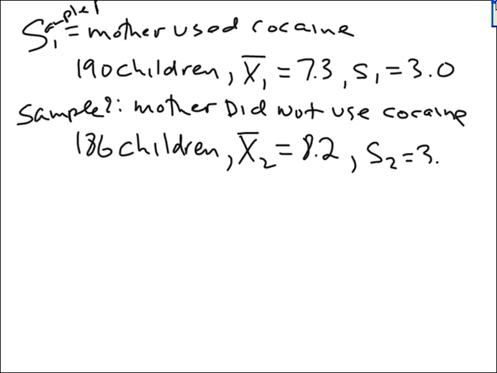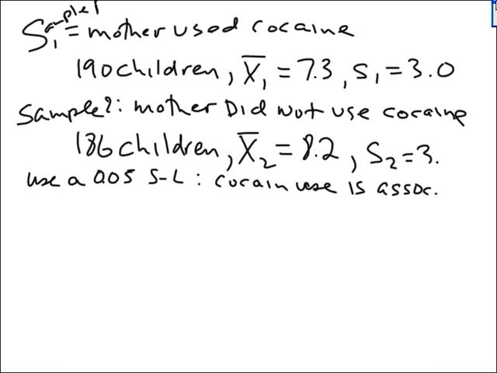All right. So now we want to use a 0.05 significance level to test the claim that cocaine exposure or cocaine use is associated with lower scores, lower times.